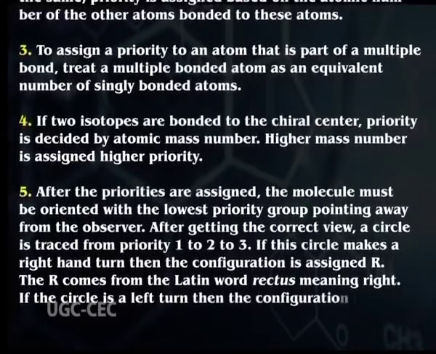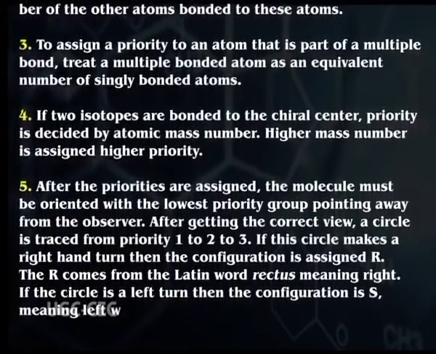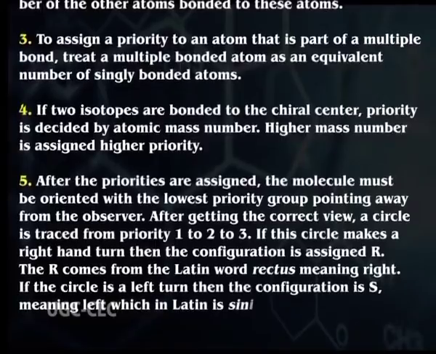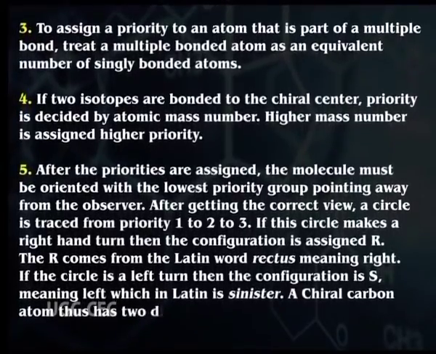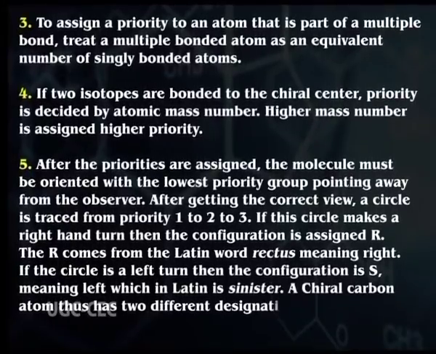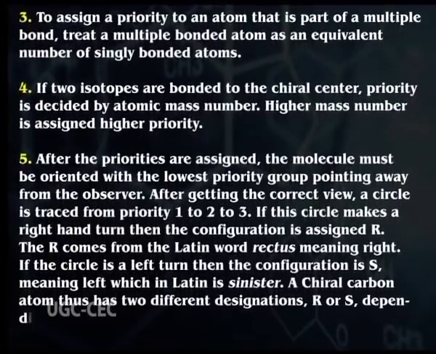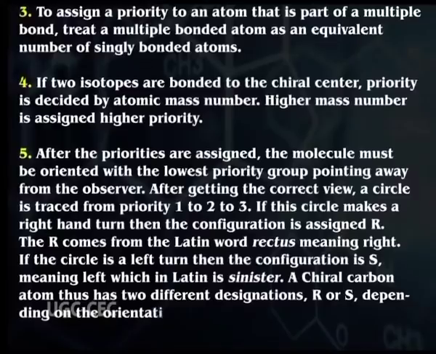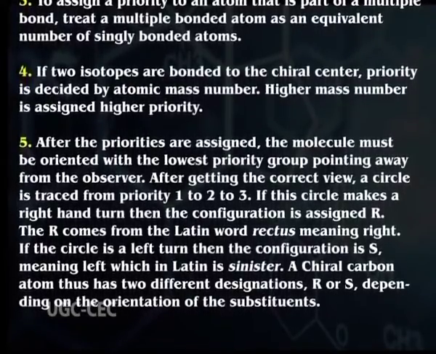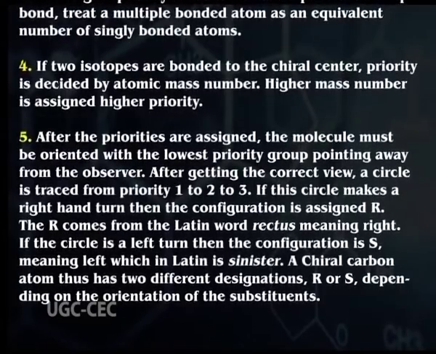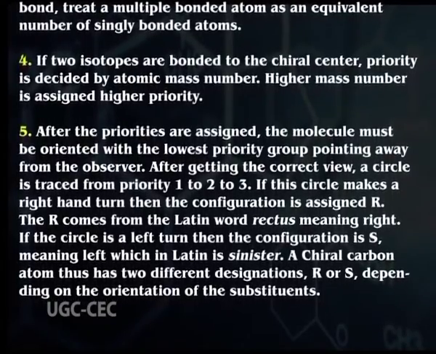If the circle turns left, then the configuration is S, meaning left, which in Latin is sinister. A chiral carbon atom thus has 2 different designations, R or S, depending on the orientation of the substituents.